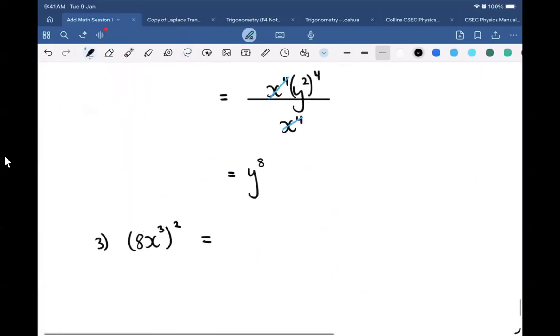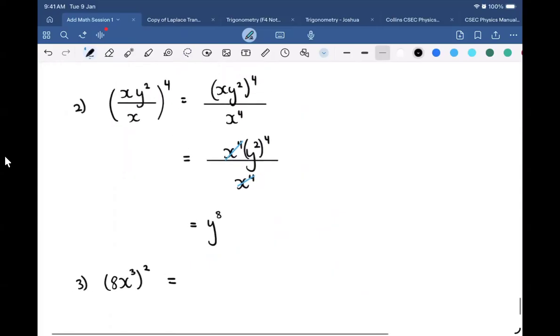So, Miss Solomon, I want you to explain to Shayna why this isn't correct. I think I saw my error. Okay, tell me. What's the error I made? I was also supposed to square the 8, because it's everything in the brackets to the power 2. Right.